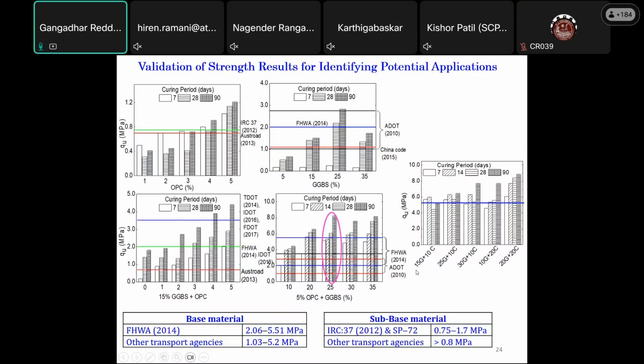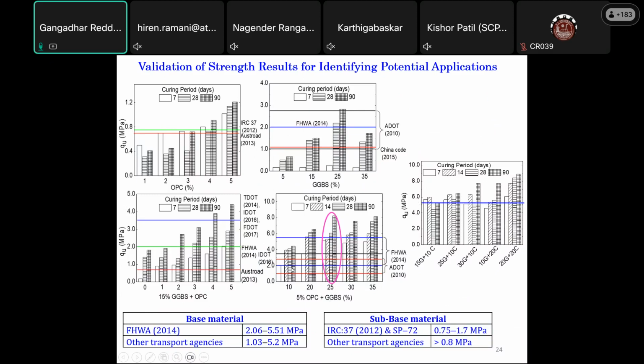So you can see here, even though the cement is increased to 10%, 20%, there is not much change in the compressive strength values, not more than 5 MPa. But if I am opting for either 5% or 25% of GGBS, most of the time we have better results as compared to 5% or 20% of the cement.